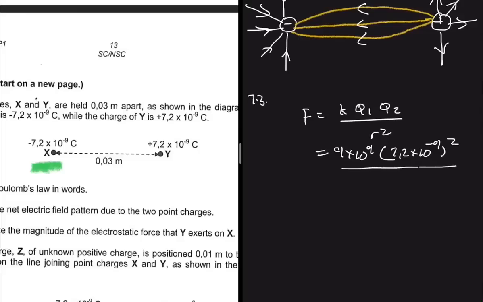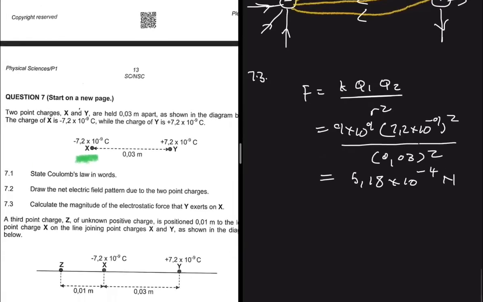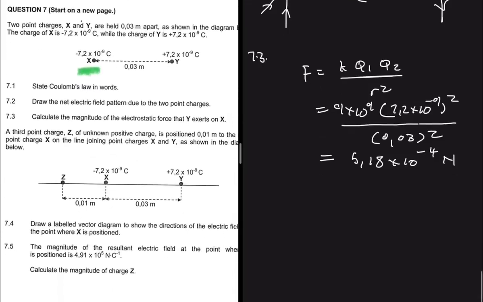And then divided by the distance between the two charges, so we have 0.03, and then we can square that. 5.18 times 10 to the power minus 4 newtons. Right, so yeah, there we go. Let's move to the next question and see what we can do.